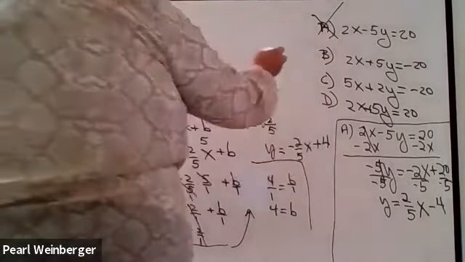Find the equation of the line through points (1, -6) and (4, 0).